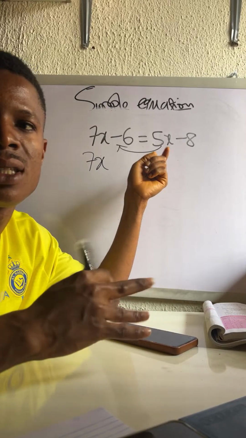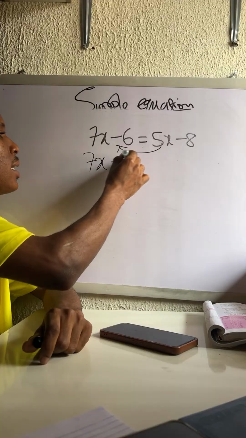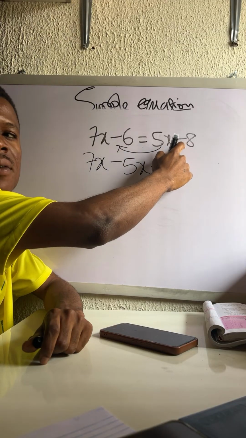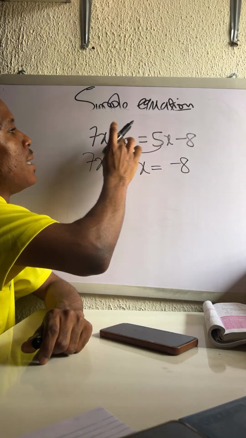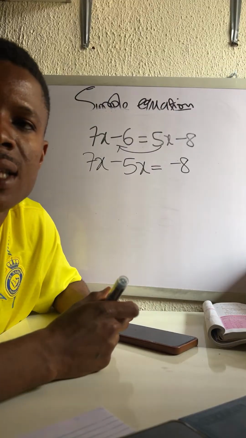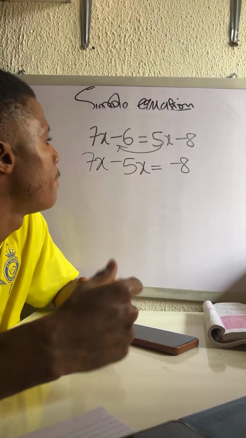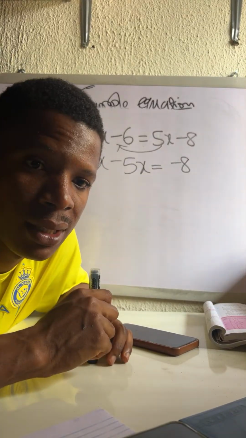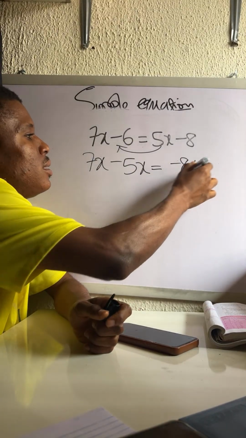It becomes negative. You have minus 5x, and that is equal to minus 8 here. Then minus 6 crossing the equality sign, does it become negative or positive? It becomes positive. So you have positive 6.